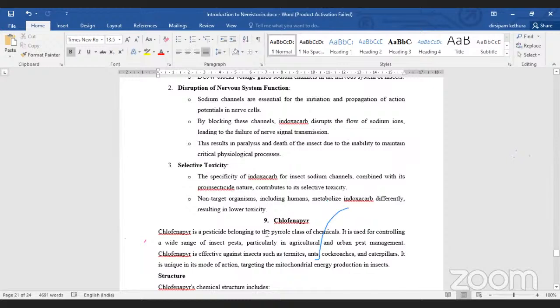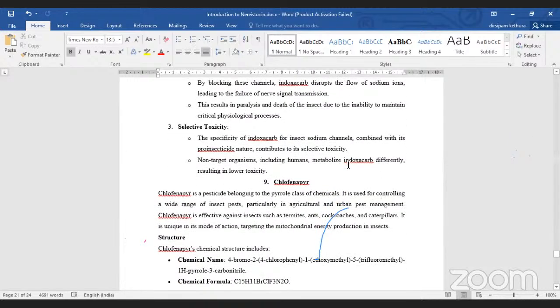And the disruption of nervous system function: these sodium channels are essential for the initiation and propagation of action potentials in nerve cells. By blocking these channels, indoxacarb disrupts the flow of sodium ions, leading to the failure of signaling. This results in paralysis and death of the insects.